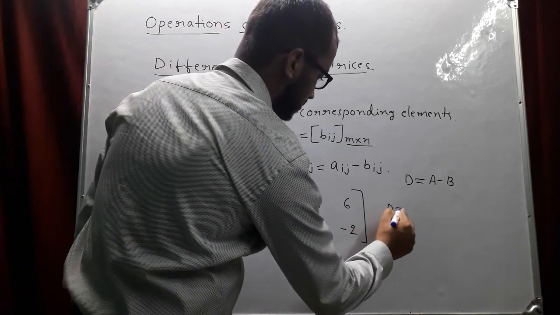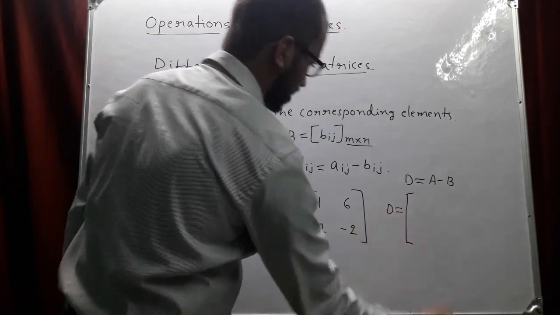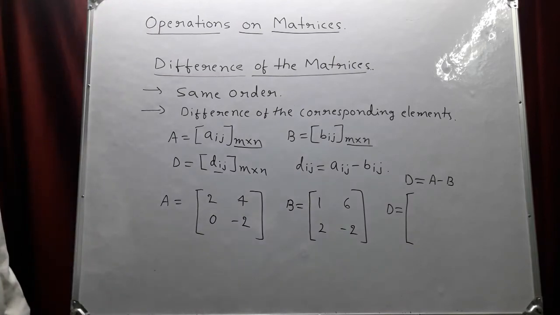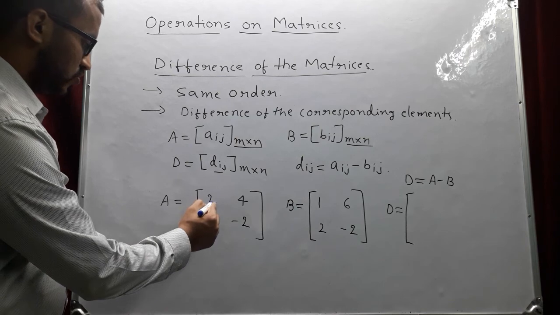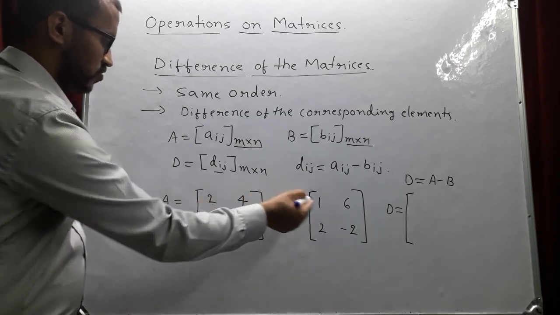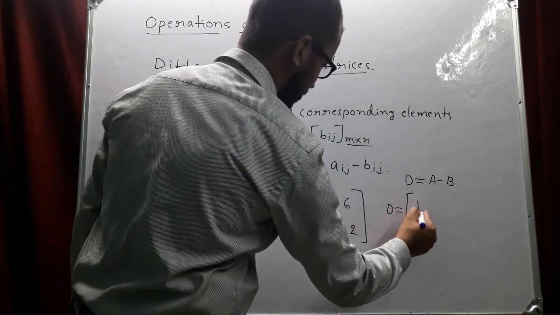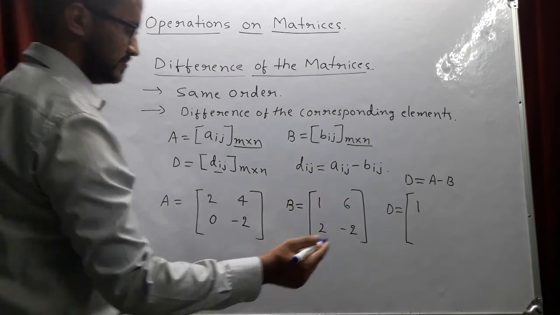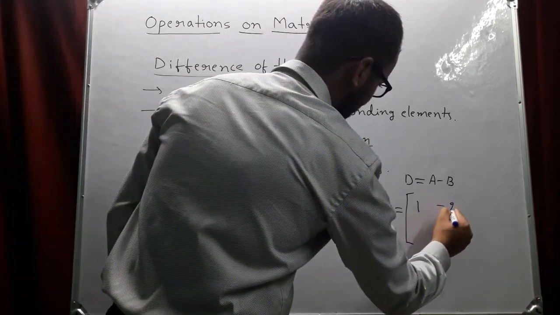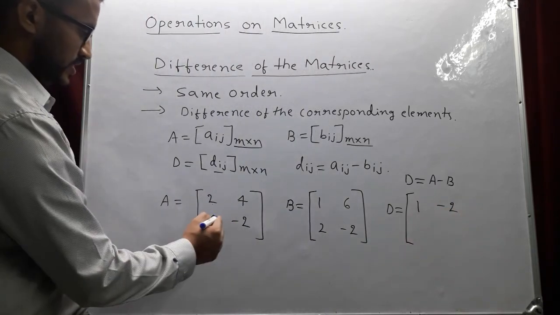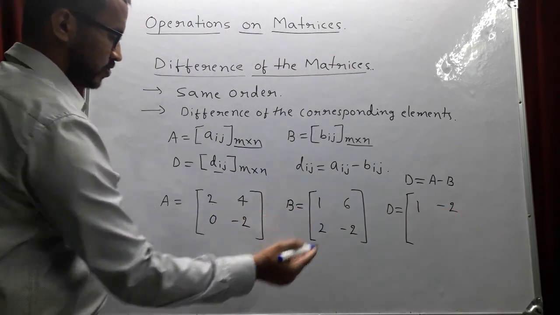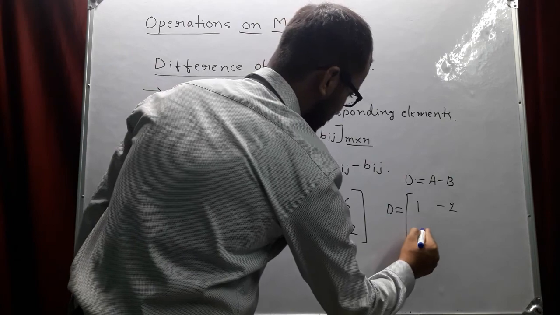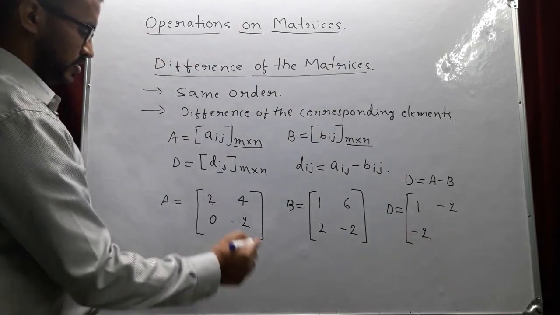Then D can be obtained by finding the difference of the corresponding elements. First, 2 minus 1 becomes 1. Next element, 4 minus 6, that is minus 2. 0 minus 2, that is minus 2.